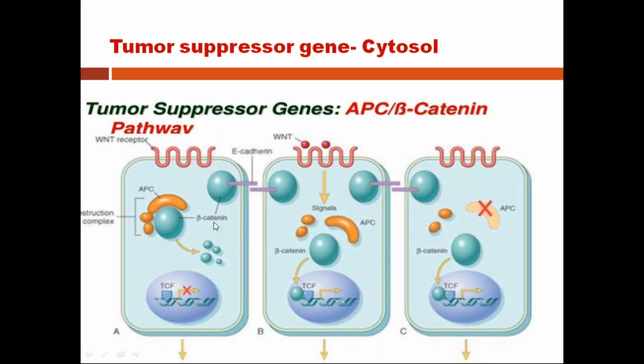It has two functions. One function is that it attaches to the E-cadherin protein, which forms a bridge between the two cells, helping the cells to adhere together. The other function is that it can get translocated to the nucleus, where it attaches to the transcription factor and causes activation of the transcription factor.